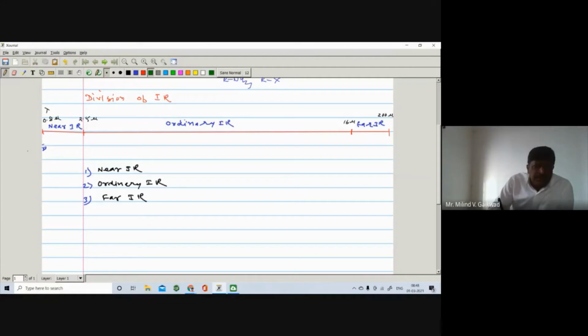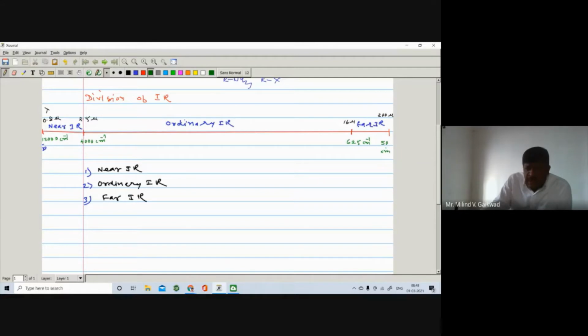The values for the near IR are from 12,000 centimeter inverse to 4,000 centimeter inverse. Then 4,000 centimeter inverse to 625 centimeter inverse, and 625 centimeter inverse to 50 centimeter inverse.